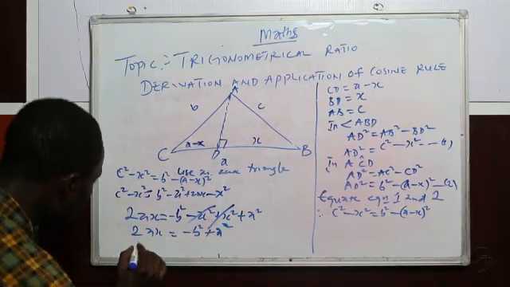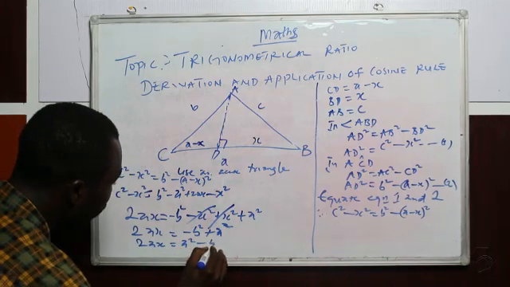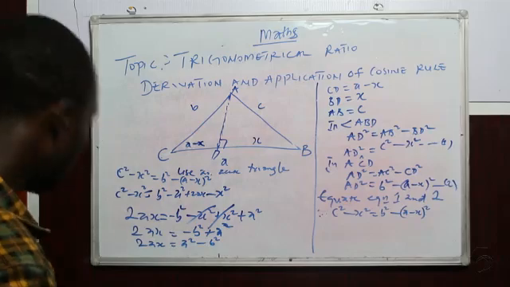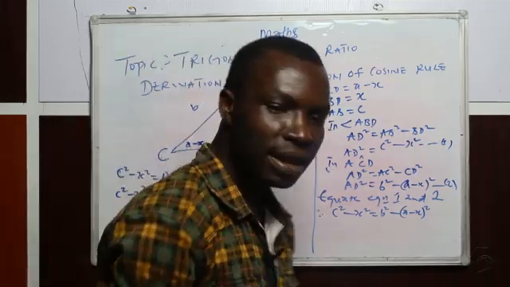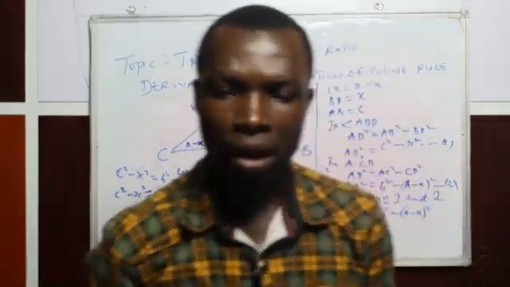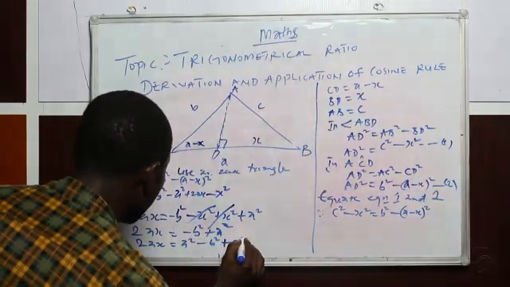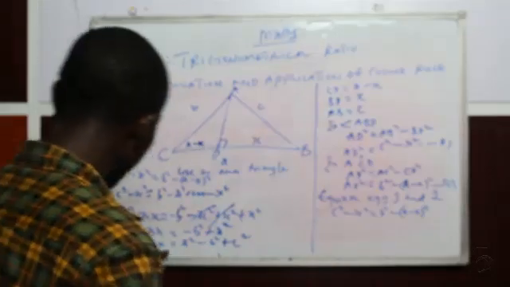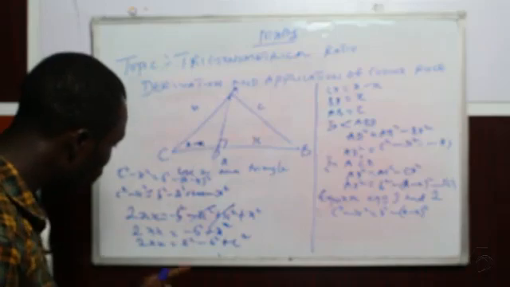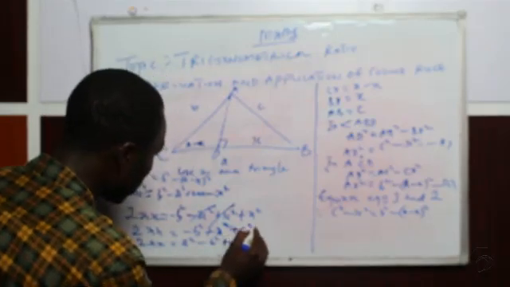Now, we can say 2ax is equal to a squared minus b squared, plus c squared.